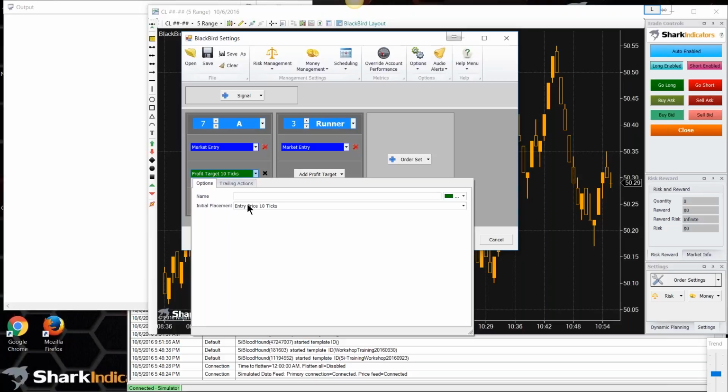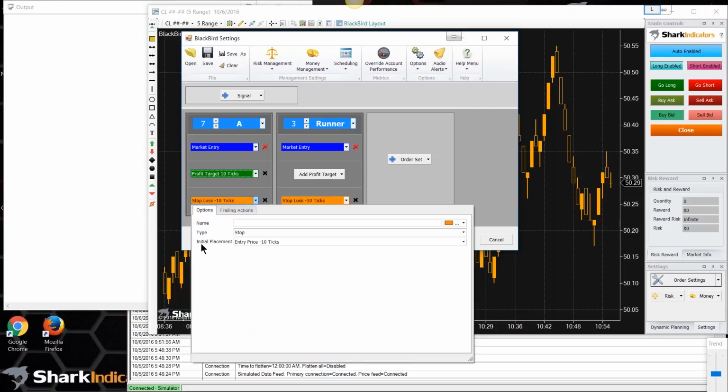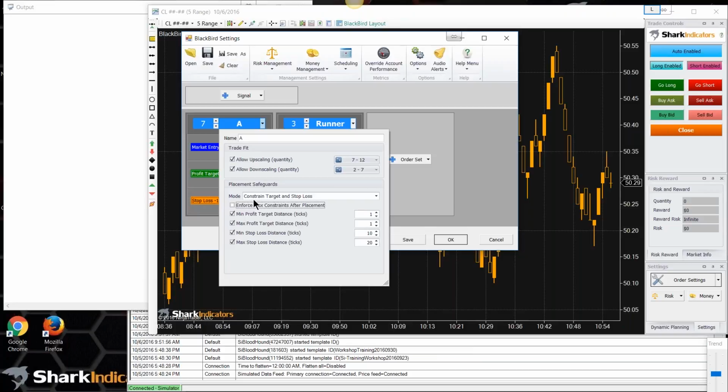You have to tell BlackBird where to set your profit target once your order gets filled. And of course, your stop loss also has an initial placement. And then once the initial placement takes place, your trailing rules can move stuff around anywhere they want.